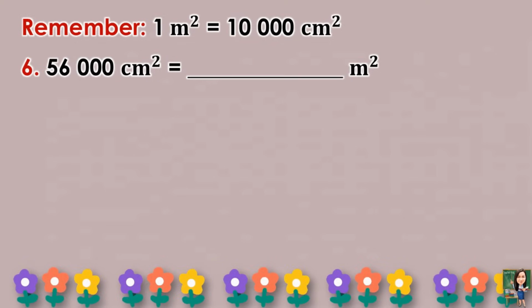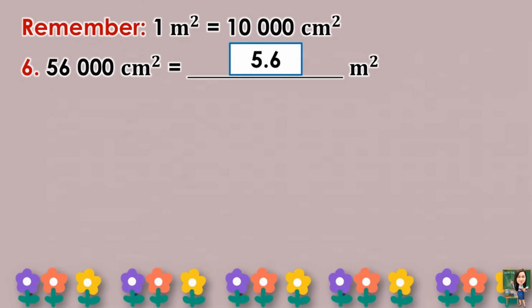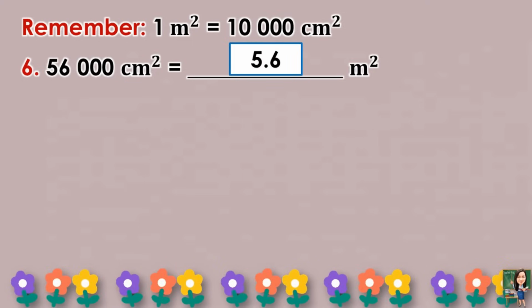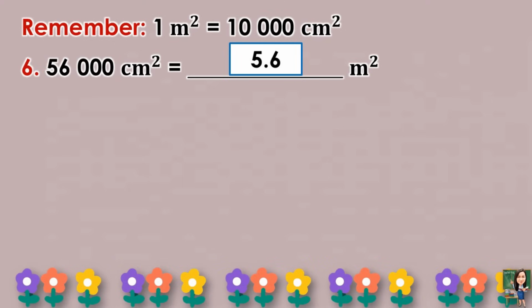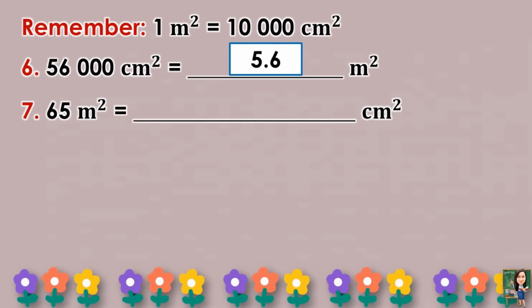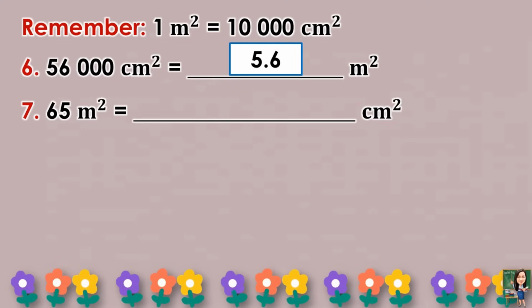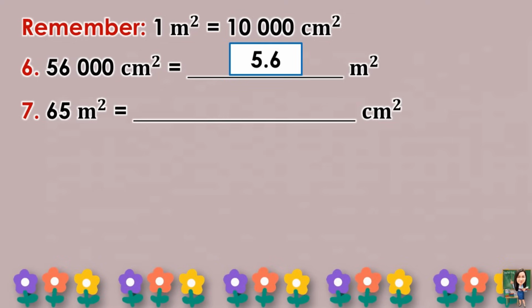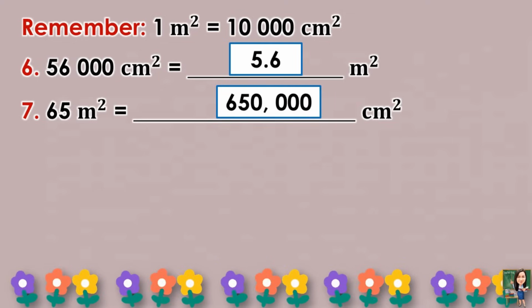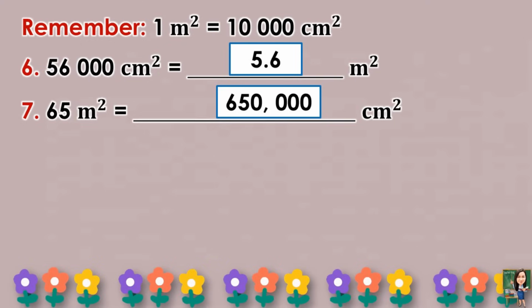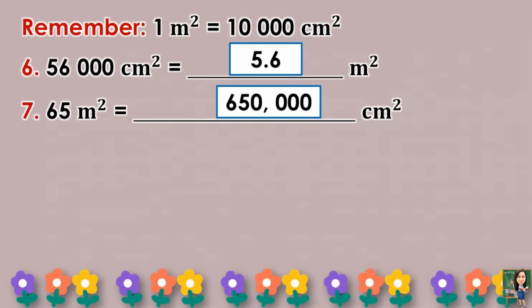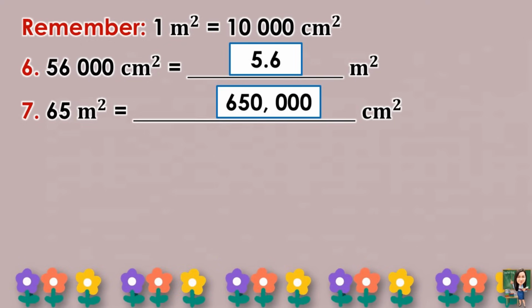The answer is 5.6. Why? Because we divide 56,000 by 10,000. Number 7. 65 square meters is equivalent to how many square centimeters? Very good. The correct answer is 650,000 square centimeters. Why? Because we multiply 65 by 10,000.